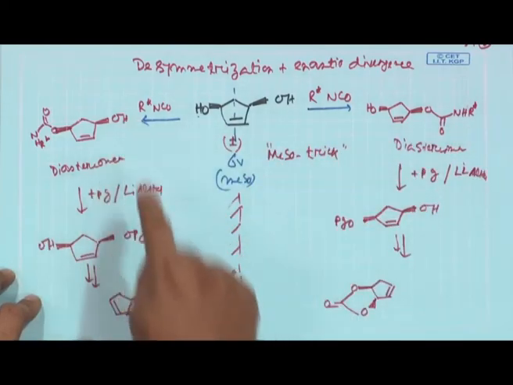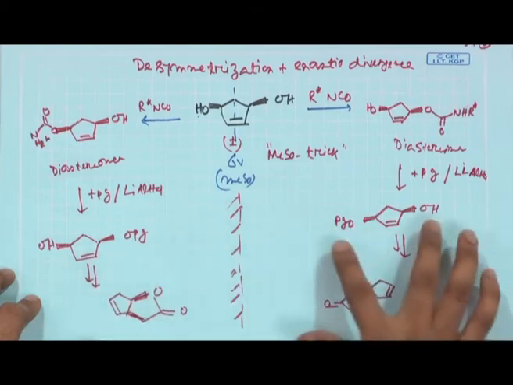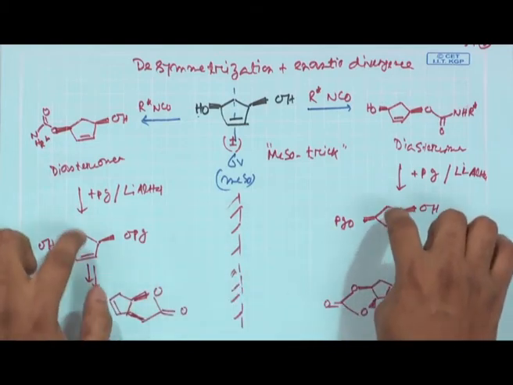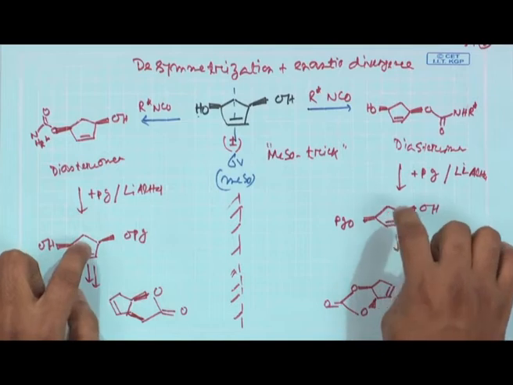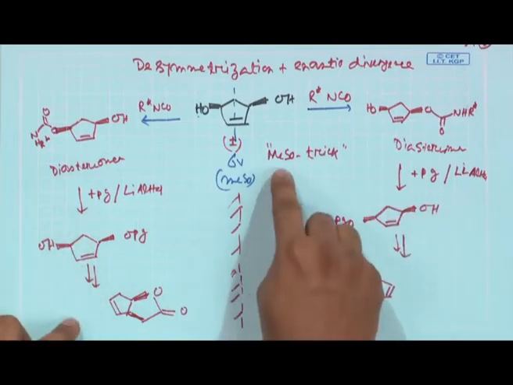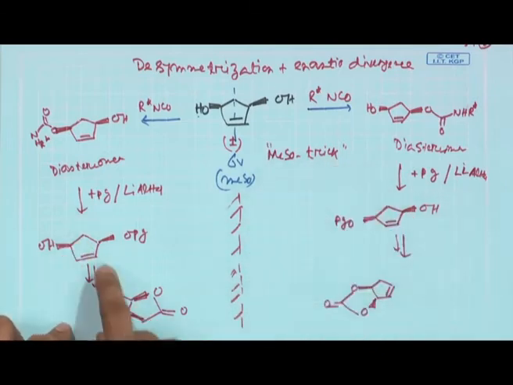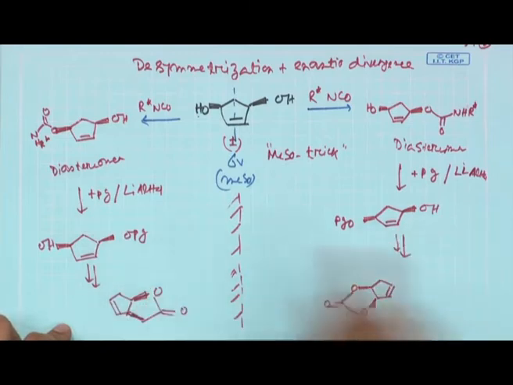Then you do a simple protection, so you can get these two enantiomers. So this is a pure divergence, and this method is called meso-trick, and in principle you can convert this compound to this lactone, and this compound to this lactone; these lactones are enantiomeric to each other.